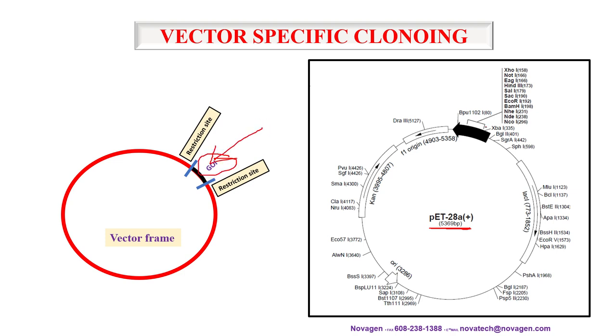So for this you have to know the MCS region. What is the MCS region? Multiple cloning site. So I think in biotechnology classes you people understand what MCS is and all, so I will not go into detail. It's a set of restriction enzymes which is given in your vector.